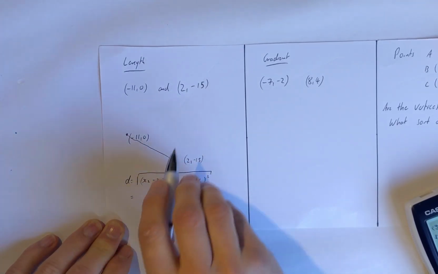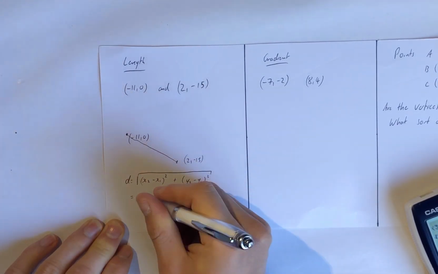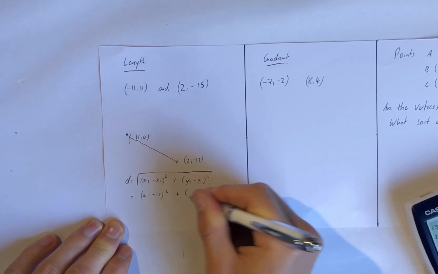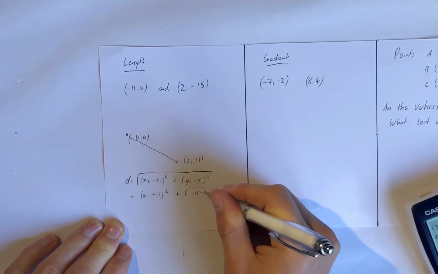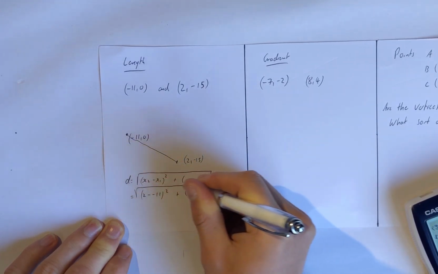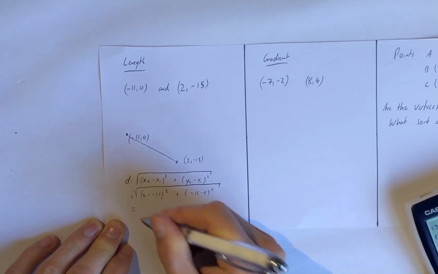So now I'm plugging in x2 minus x1, 2 minus negative 11 all squared, and y2, that's just negative 15, take away 0 all squared, and I square root that entire thing.